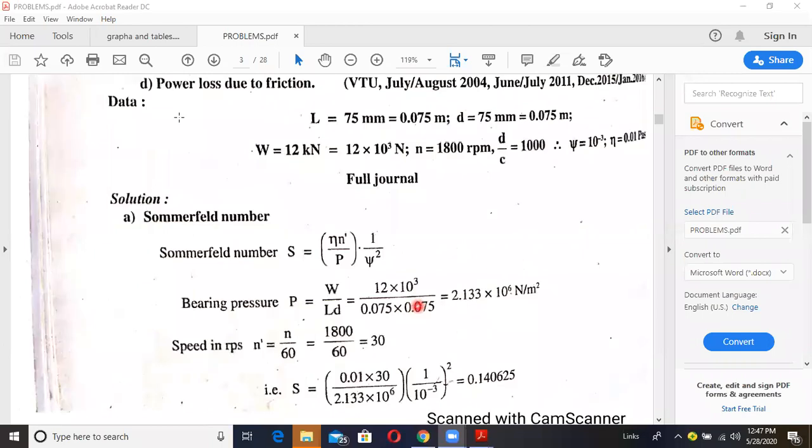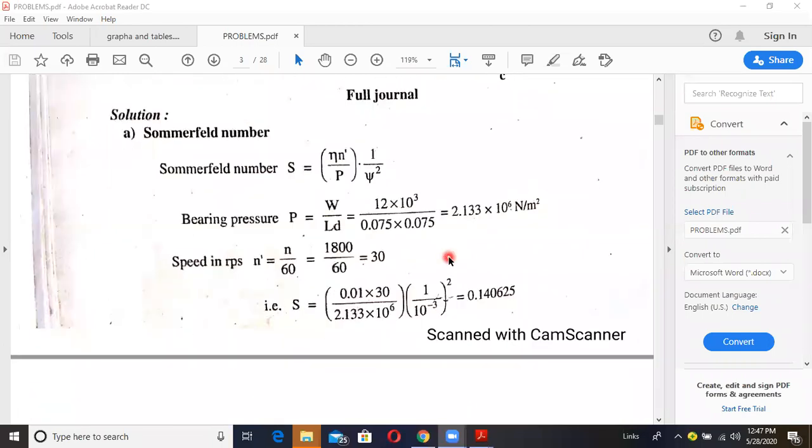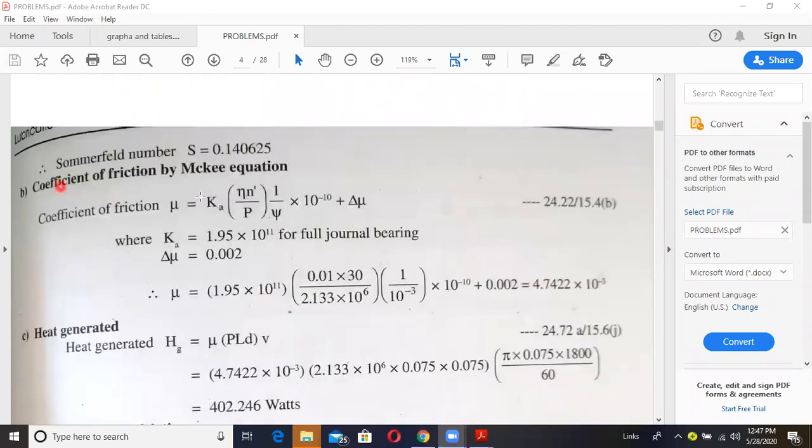Next, the second unknown, the coefficient of friction based upon McKee's equation. We know the McKee's equation formula: mu is equal to Ka, eta N dash by P into 1 by Xi into 10 to the power of minus 10, plus delta mu. Here there are two unknowns, one is Ka and another is delta mu. Already I told you, for a full journal bearing, Ka is 1.95 into 10 to the power of 11, this is a constant.